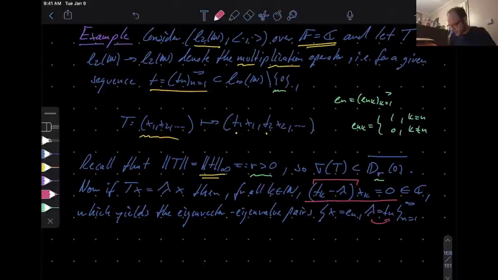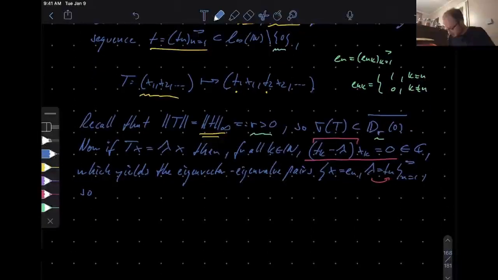But now what I claim is actually that there are no others. So I claim that the whole point spectrum is equal to, well, those t_n's. Okay. So we have convinced ourselves, or I tried it in words, that certainly the t_n's are contained in the point spectrum, but why is there nothing else? Well, this is again coming back to the red underlined equation, right?